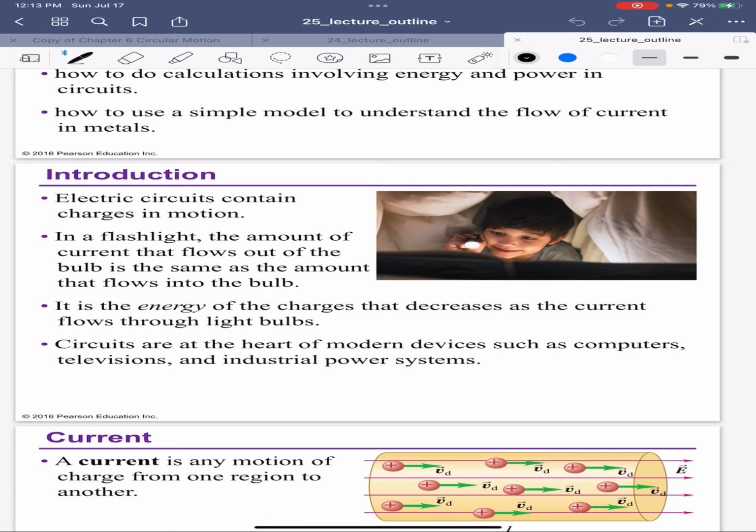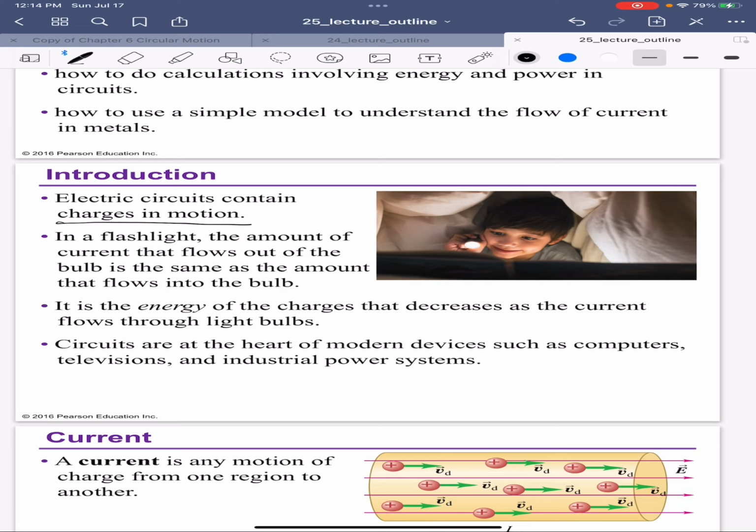Now, what's the difference between what we have studied so far and what we're going to study today is that we are going to study charges in motion. When I say I'm going to study the electric current, I am talking about charges in motion.